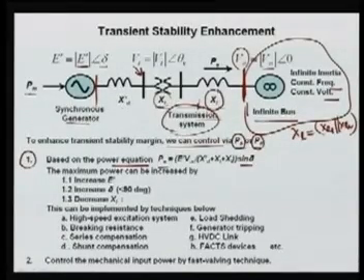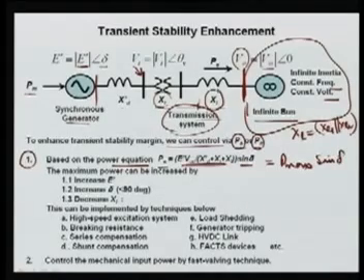To maximize the power, the maximum power P max can be increased, or you can say it is P max sine delta. So this max we can maximize. If this value is maximum, then we can say the system is more stable. You must always be clear on this. If it is more, then the system is more stable.